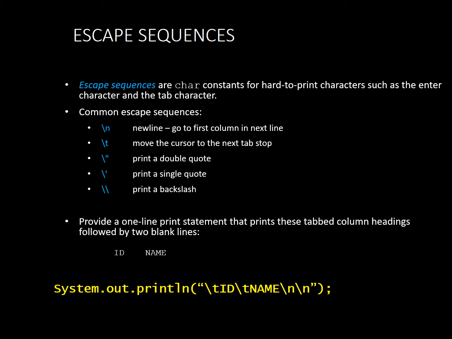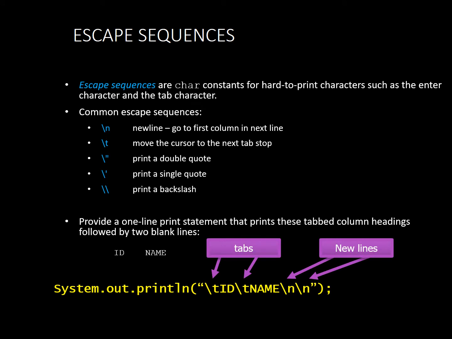You have obviously the println method right here, and then you have your tabs, which you can see with the \t, and the \t here, and then new lines here and here. So this portion right here is considered to be a single character, and this backslash is the escape sequence.